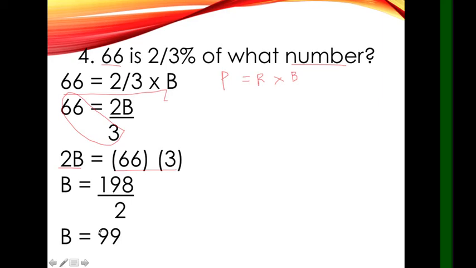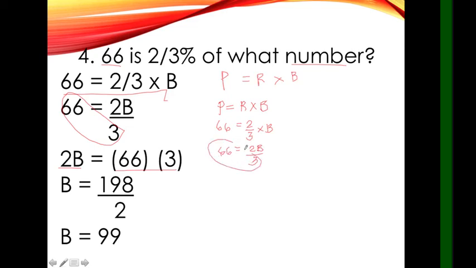Did you get it? Okay, let me have my pen for you to understand it better. Our given formula is this. And then 66, then this is 2/3 times b. 2 times b is 2b, and then copy the denominator, 66.